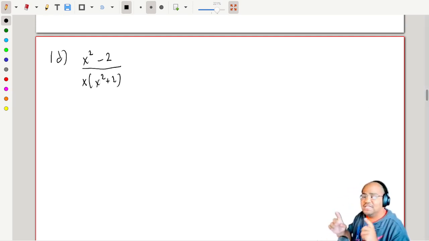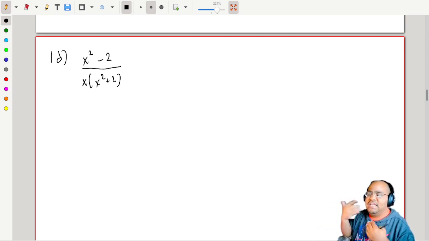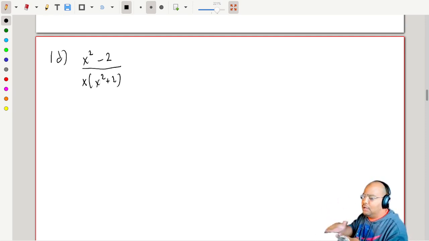Now again, because I have a sum of squares in the denominator, that x squared plus 2, remember that irreducible really means you can't factor it over the real numbers. But anytime you see a sum of squares, x squared plus a squared, here a just happens to be the square root of 2, that means you have an irreducible quadratic. You can't break it up into a product of two linear binomials that have real numbers in them.